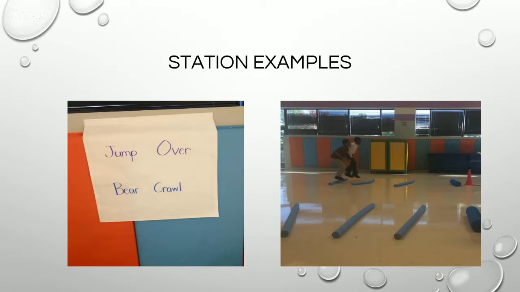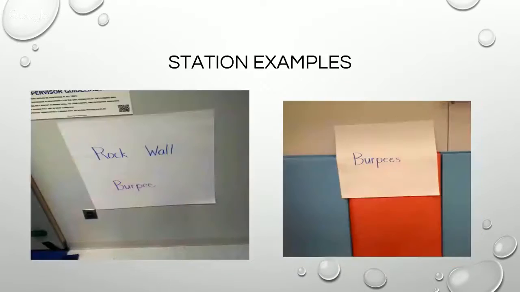So station examples, again, here's the jump over and the bear crawl. I just take chart paper and write and explain what the students have to do. So here on the right, they're jumping over the noodle. They're bear crawling as well. Second, here's the rock wall. They climb the rock wall.